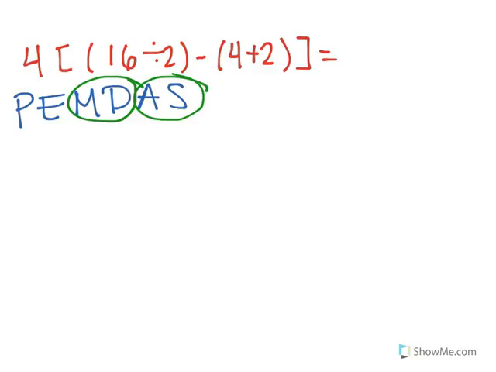So now, based on PEMDAS, we know that we must go into the parentheses first. Here we have two sets of parentheses, so brackets are considered parentheses, and inside the brackets we have another parenthesis right here. So we evaluate these parentheses first. As you might recall, we should also go through PEMDAS.